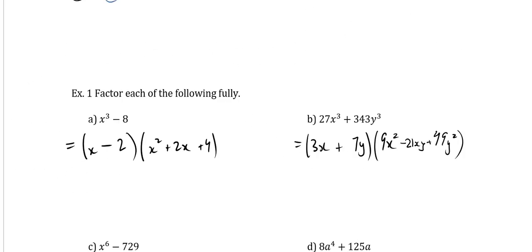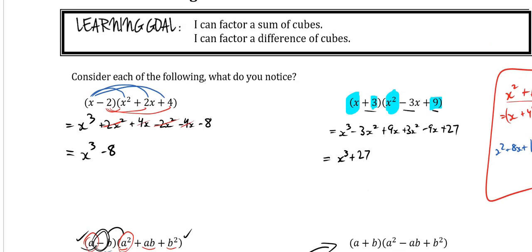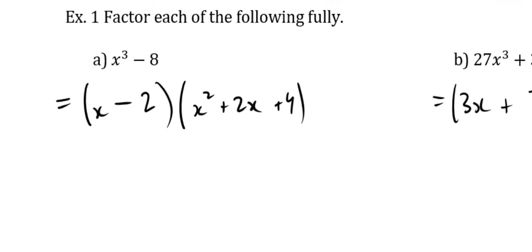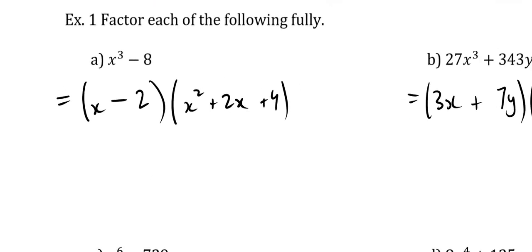See, now we're thinking. Let's go back up to this one. Could we have used factor theorem? What is factor theorem? That's how we've been factoring for a few days.